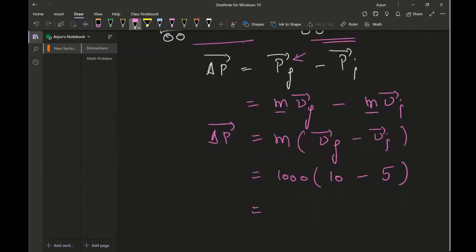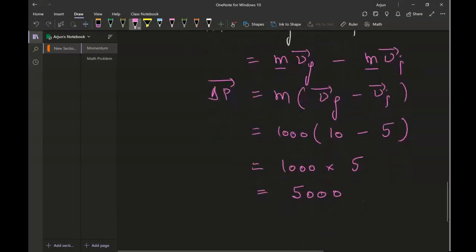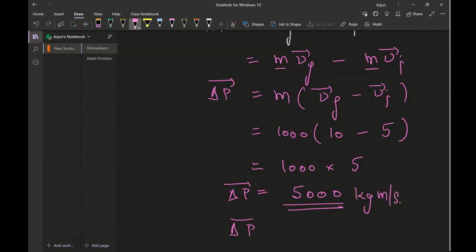Then 1000 times 5 gives me 5000. Notice this number comes out to be a positive number. So if this is a positive number, it means the change is in the east direction. Let me write down the units also, kg meters per second. So delta P, the change in momentum, is 5000 kg meters per second in the east direction.